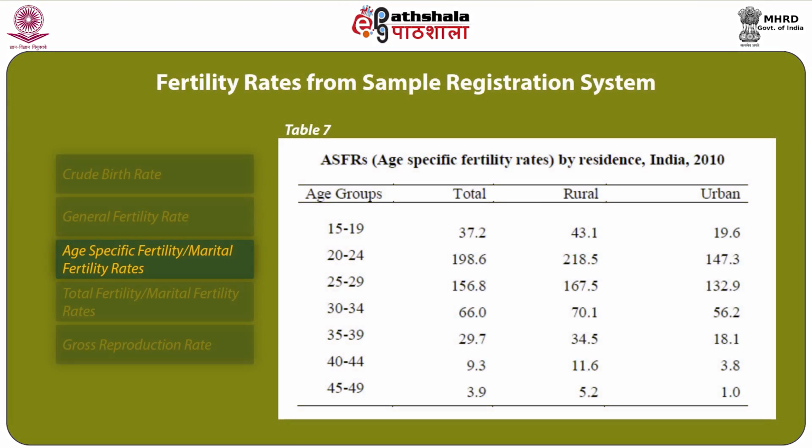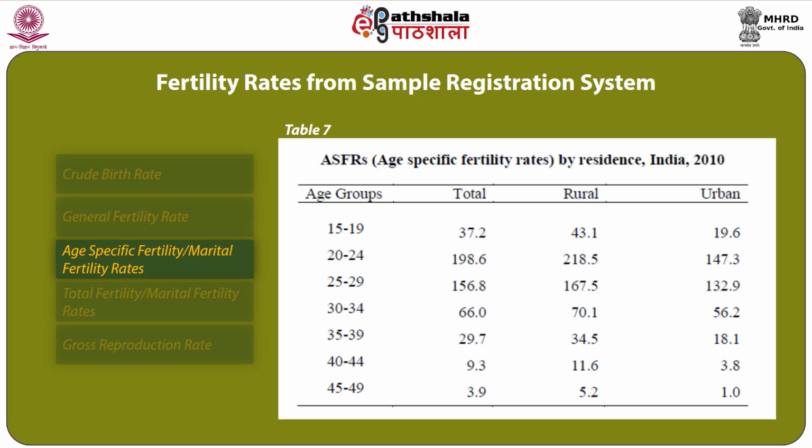The table clearly provides the data on age-specific fertility rates by residence, that is rural and urban, in India as per 2001 data. The various age groups clearly reveal that the age-specific fertility rate is as low as 37.2 in the early ages of the reproductive span of women, that is 15 to 19 years, but huge variations exist in this age group between rural and urban areas.